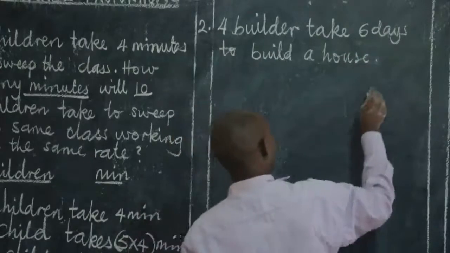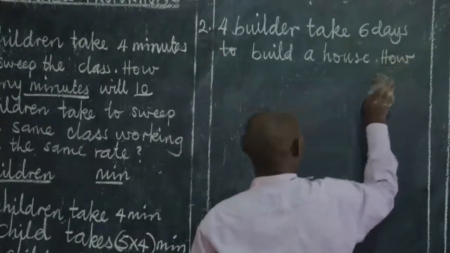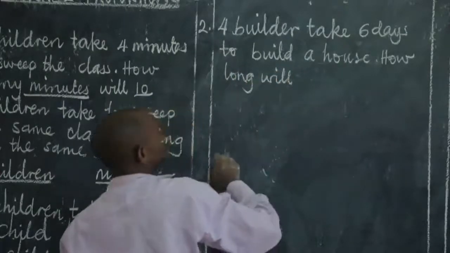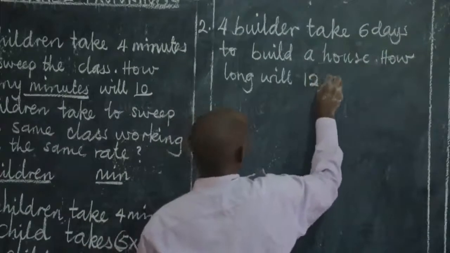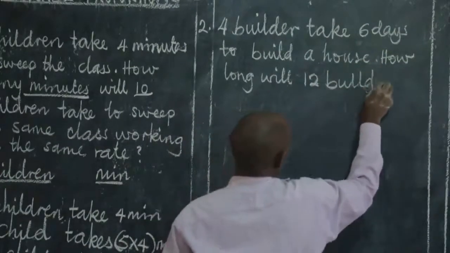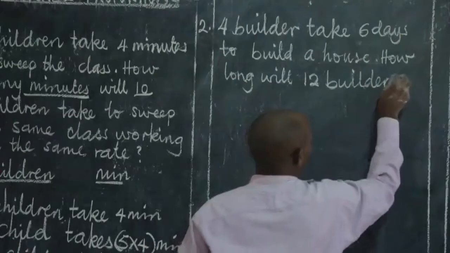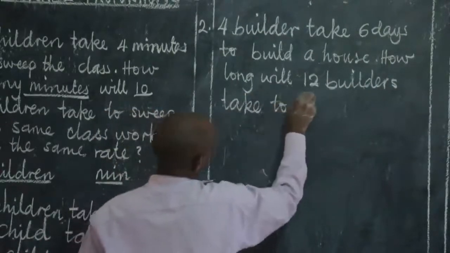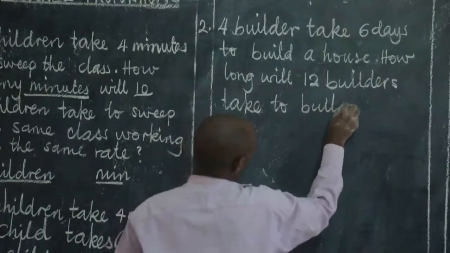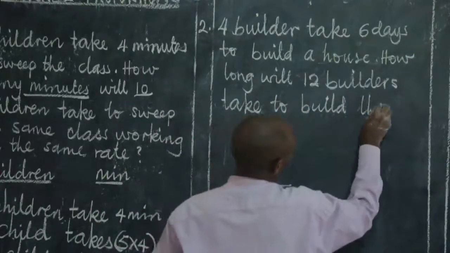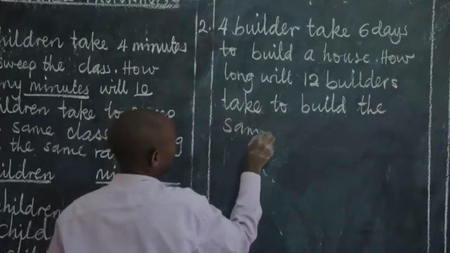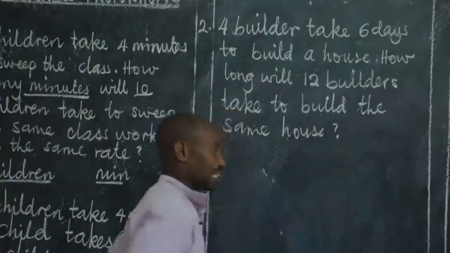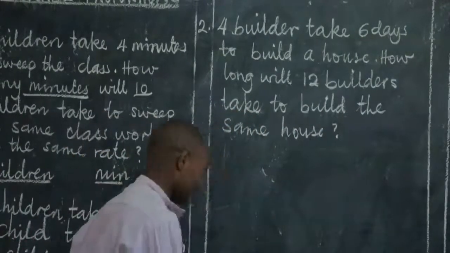How long will 12 builders take to build the same house but working at the same rate?